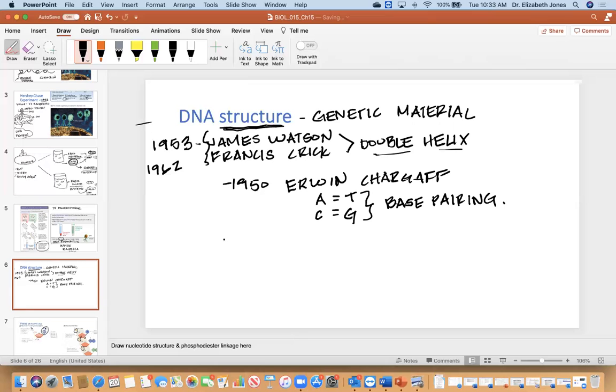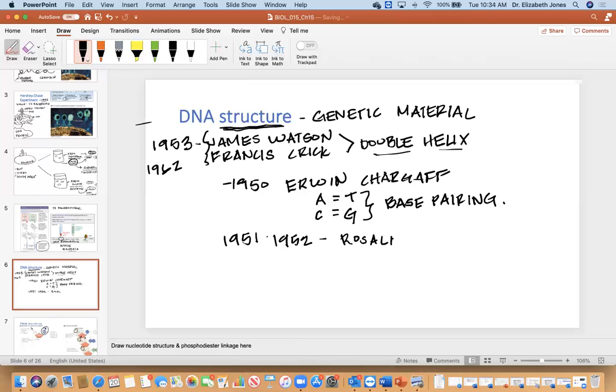okay? Then in 1951 or 1952, Watson and Crick were doing their work in London at a place called King's College. And a colleague started working there named Rosalind Franklin in 1951, 1952.